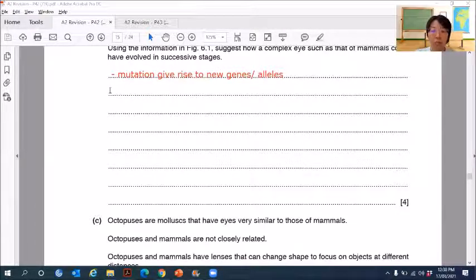Okay? So what kind of features are coded by the new genes and alleles that arise due to mutation?